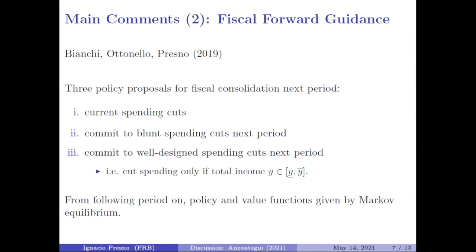And the third option is going to be well-designed spending cuts next period. That is, we're only going to be cutting spending when total income is within some range, between Y lower bar and Y upper bar. And from the next period on, we're going to be assuming that the policy functions and value functions are all given by the Markov equilibrium.